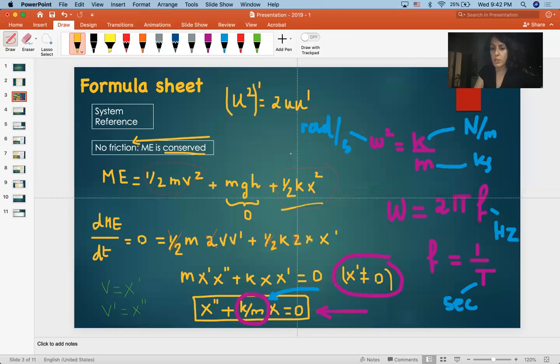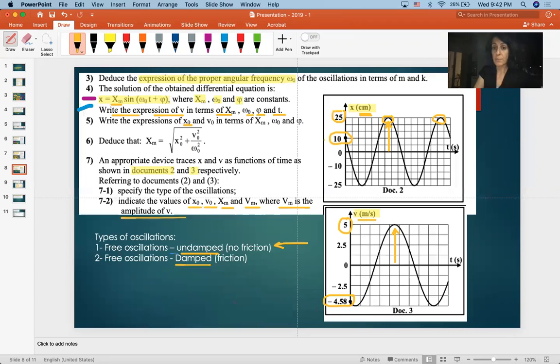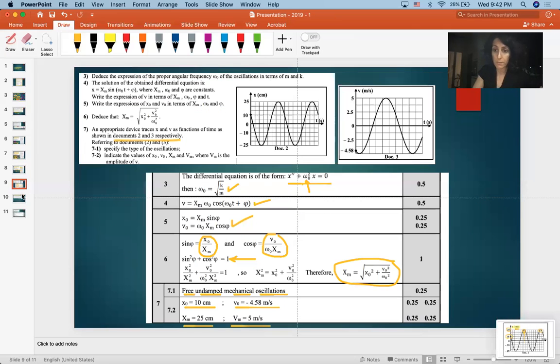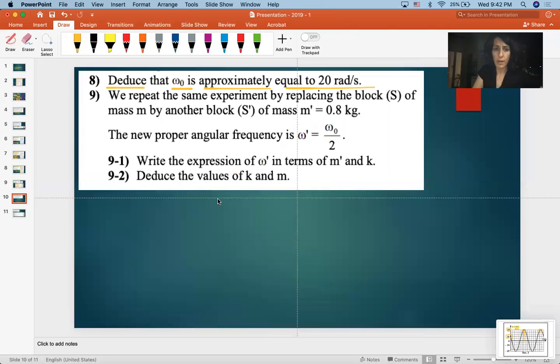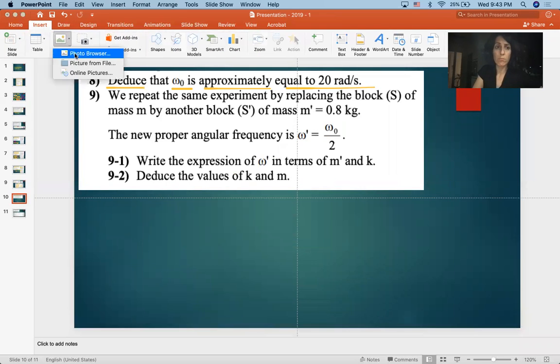Back to our formula sheet. We know that W is related to frequency and frequency is related to period. And graphically, I can use the graph and probably I can crop this graph and use it in my second slide. Okay, this slide because I need extra.